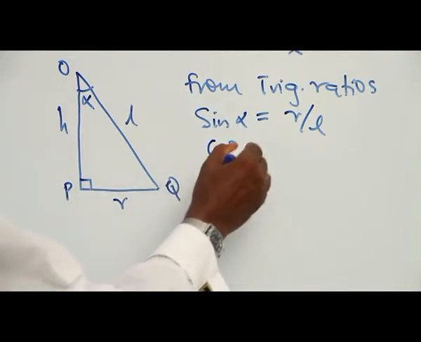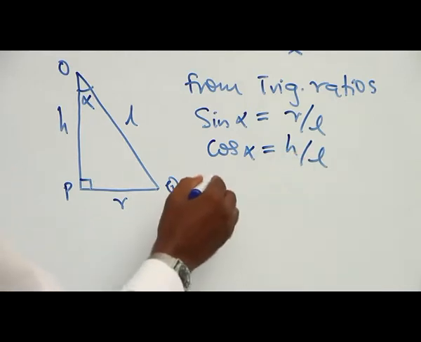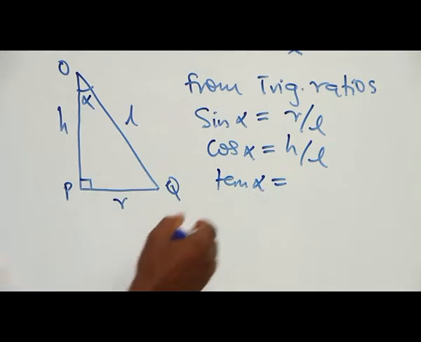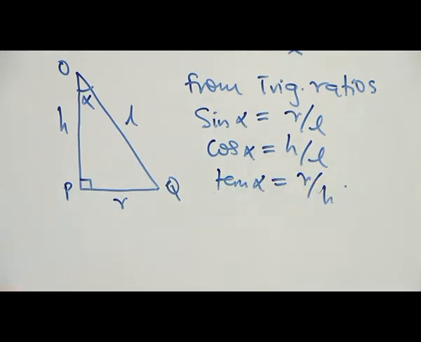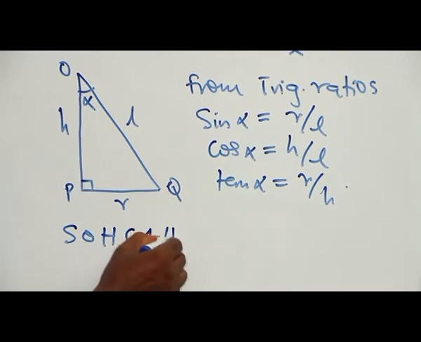And of course, cos alpha is equal to adjacent over hypotenuse. And then we have tan alpha is equal to opposite over adjacent. This is what normally results into use of the mnemonic called SOH CAH TOA.